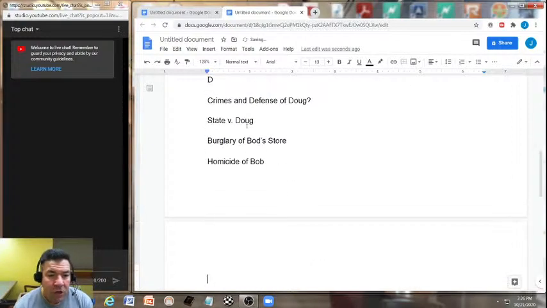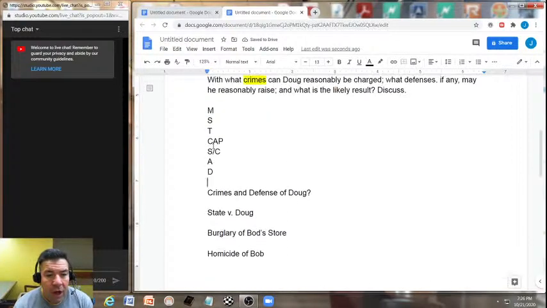Our next set of issues here. Now, as we go through here, we want to make sure to keep this in our mind. As we're issue spotting, we're looking at our shopping list. Why are we continuing to look at our shopping list at the same time we're also looking at our facts? So that we don't forget to raise important issues that we might generally overlook.